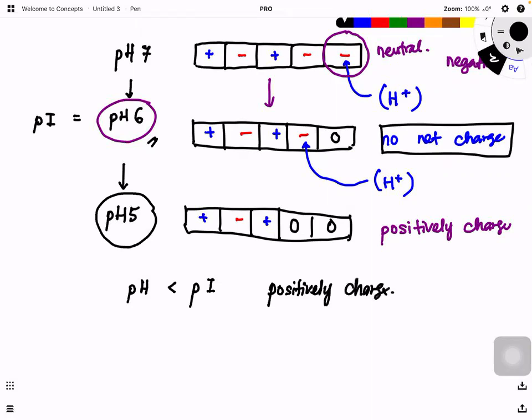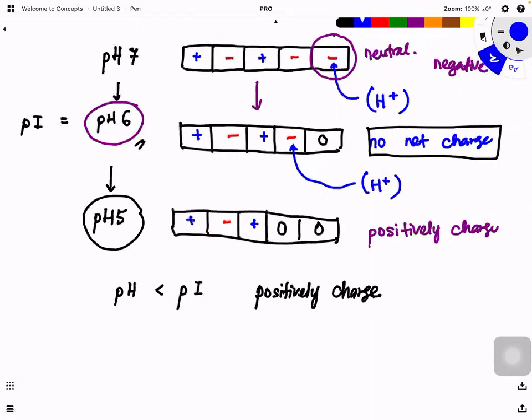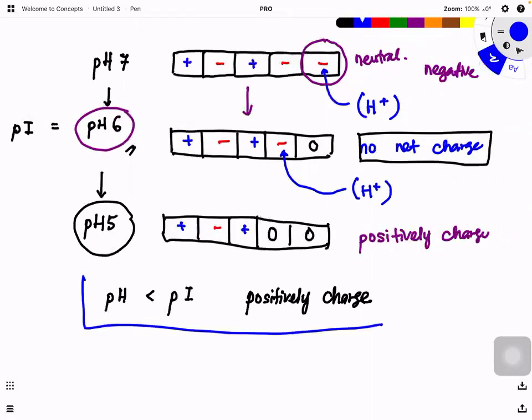Are you clear? Understand this concept now based on this diagram? If pH is lower than pI, then it will be positively charged. Or vice versa, if the pH is higher than pI, it will be negatively charged. So once they have the charge, they will be influenced by the electric field.